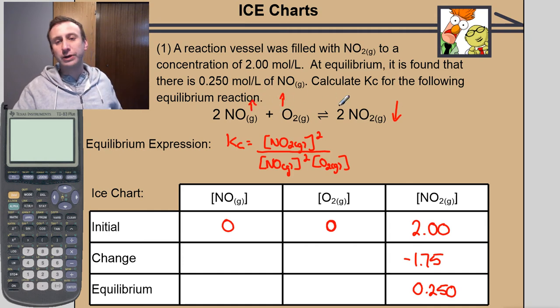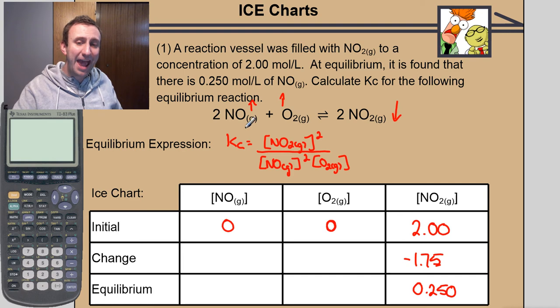And they increase according to their molar ratios, their coefficients. So if NO2 with a coefficient of 2 went down by 1.75, how much do you think NO is going to go up by? And the answer is positive 1.75.